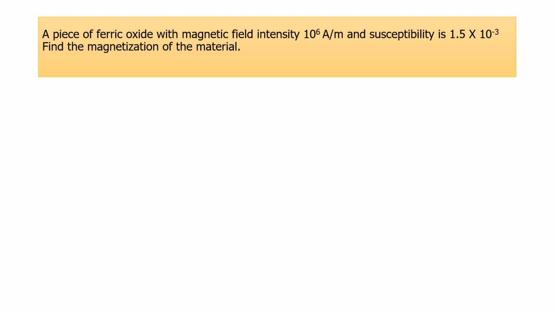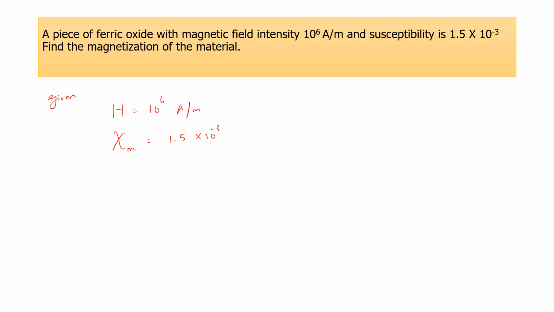Now for this problem, what is given is magnetic field intensity. So what is the notation we normally take? We take it as H. Okay, so given H is equal to 10 power 6 ampere per meter, then susceptibility is chi-m, 1.5 into 10 power minus 3, it has no units. Then what is asked is magnetization. Either we can use I as the notation or M as the notation. Both mean the same.